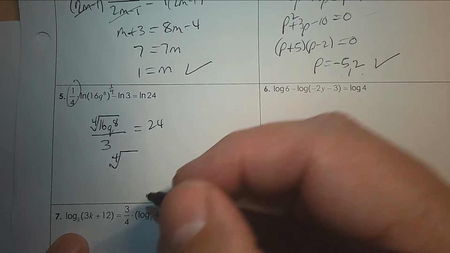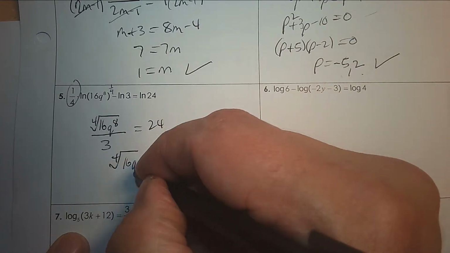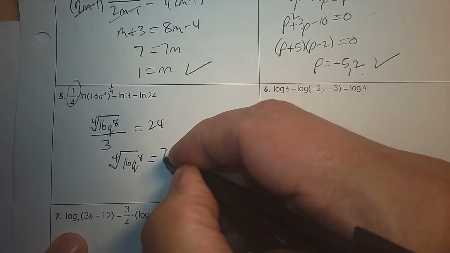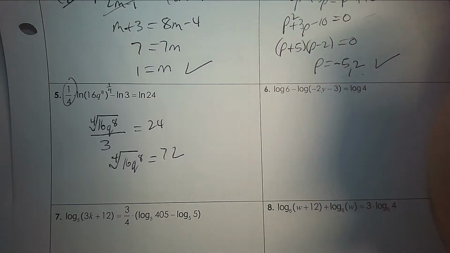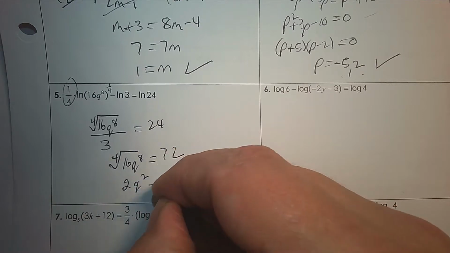So I'm going to multiply by 3. That gives me 72. The fourth root of 16 is 2, and 8 divided by 4 is q squared.